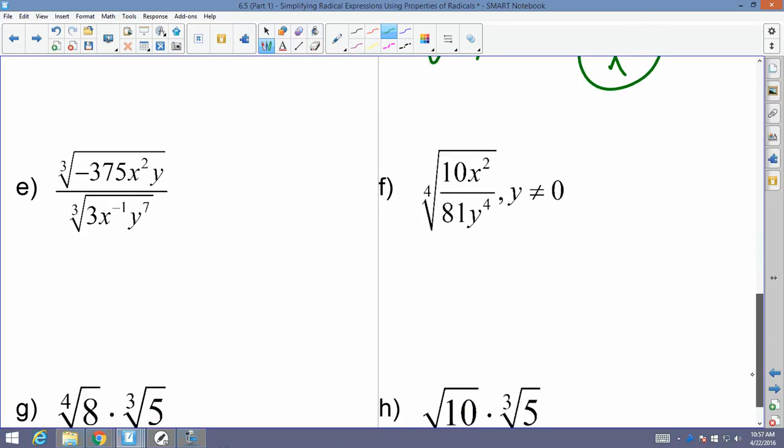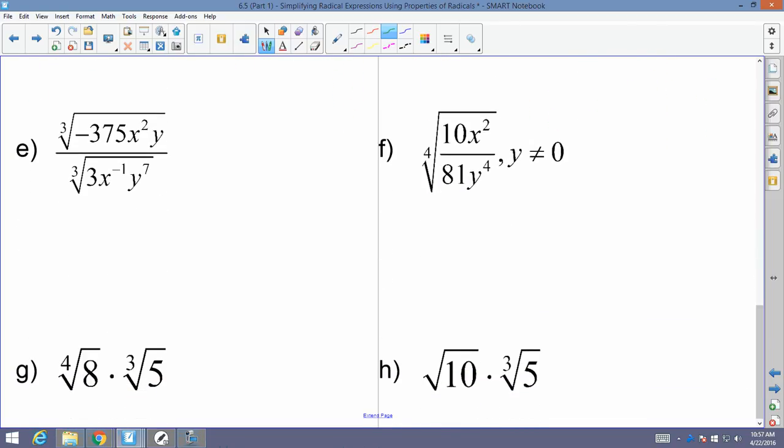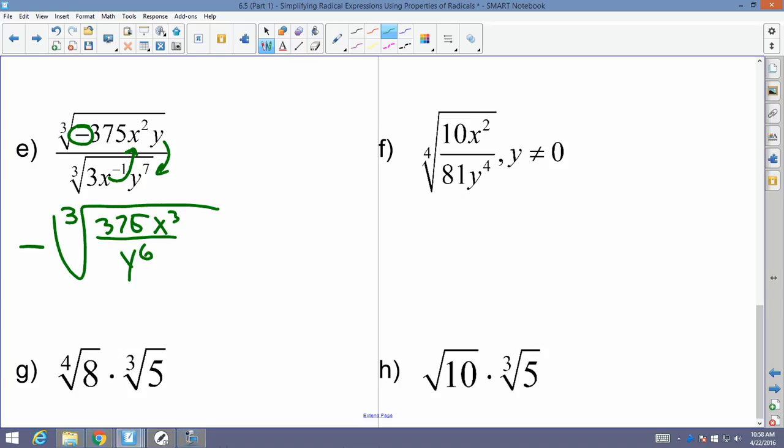Okay, how about this bad boy? In this case, I think it'd be wiser to make one big fat one first. Now remember, what did I say to do if there's a negative inside of an odd root? Take the negative out, exactly. Thank you, brother. So this is 375. This x to the negative 1 has to go up, so it becomes x cubed. This y comes down, because I always want to leave my variables' exponents positive, so y to the 6th.